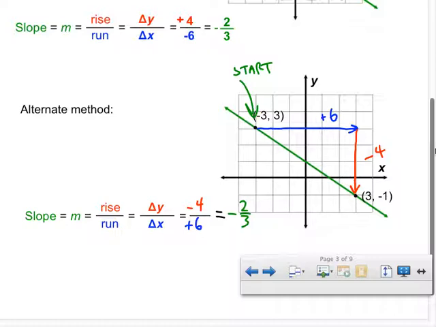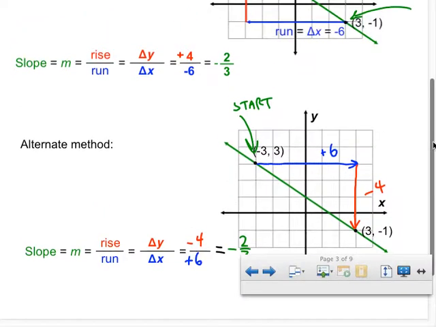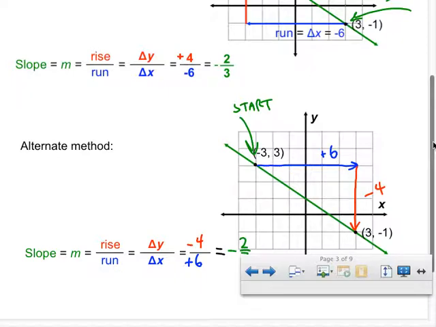But now what I'd like to do is write the function out. Can I write the function out for this? The equation for this line. Here's the equation for the line. The function of x equals, what goes in front of x? Negative what? 2/3. All right.